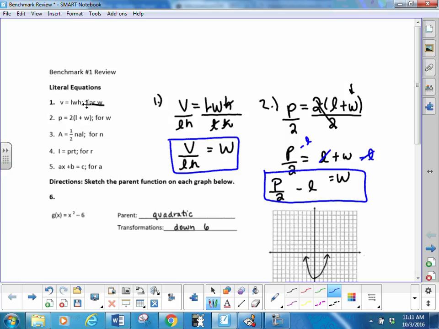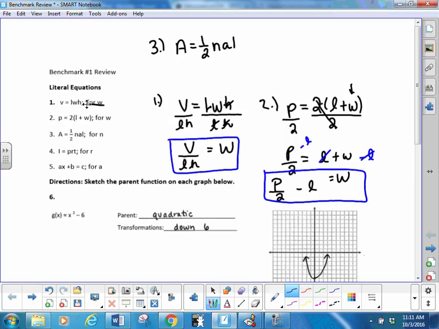For 3, which I'm going to work above number 1, you have A is equal to 1/2 times N times a times L, and we're trying to get N by itself. Don't get confused; those are two different variables. We've got a capital A and a little a, but those are different.